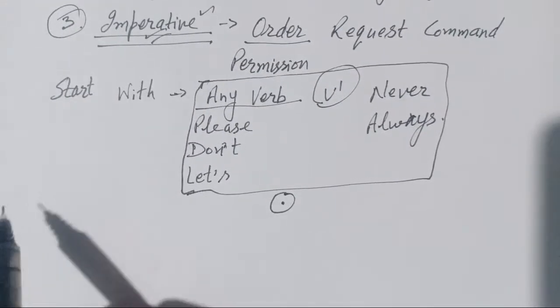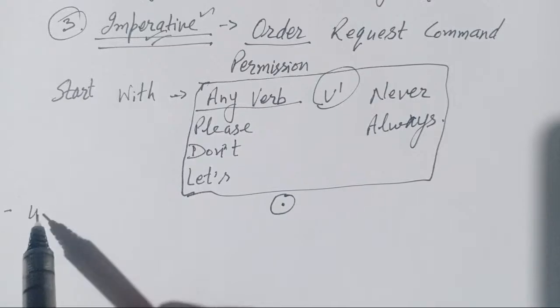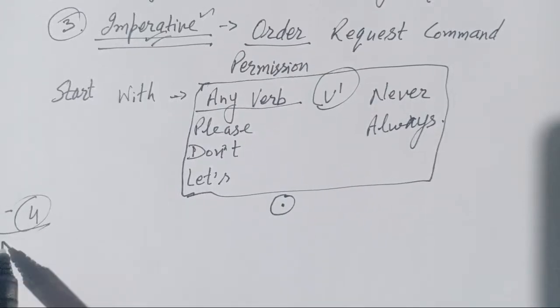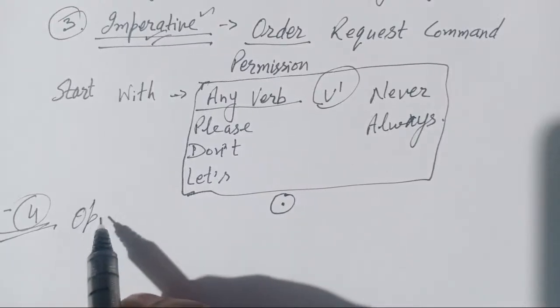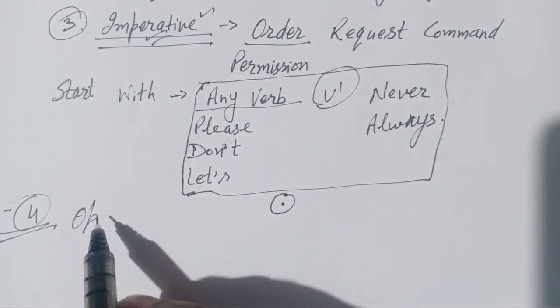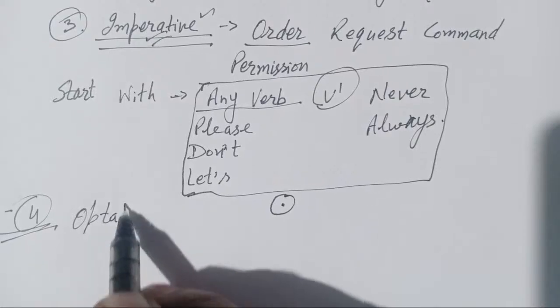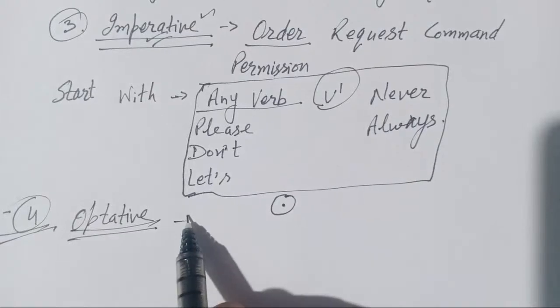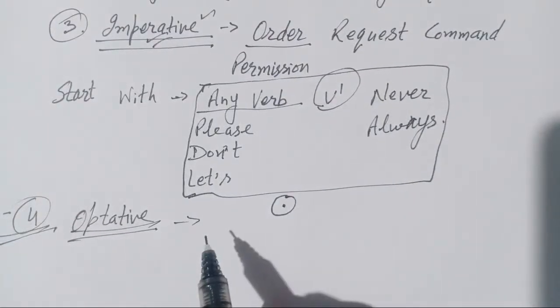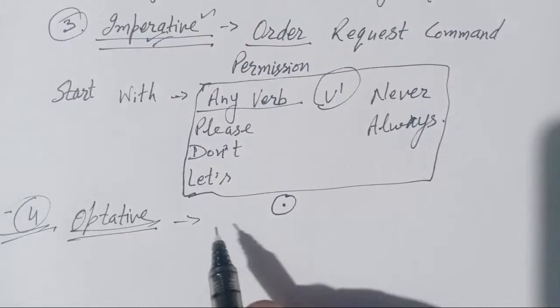The fourth type of sentences is optative. In these sentences, we find any prayer.